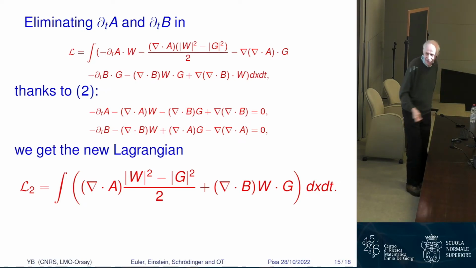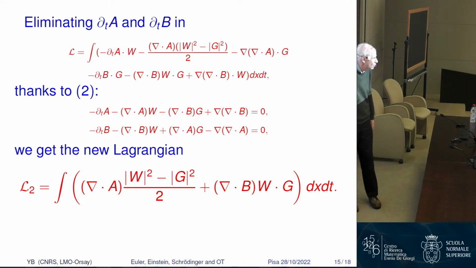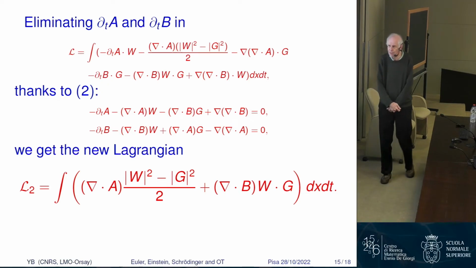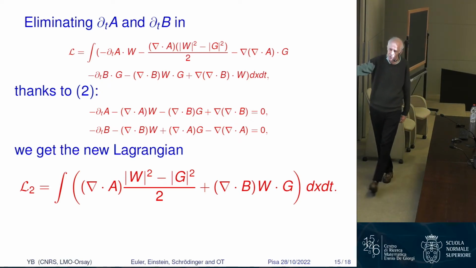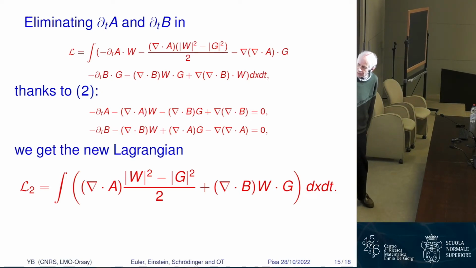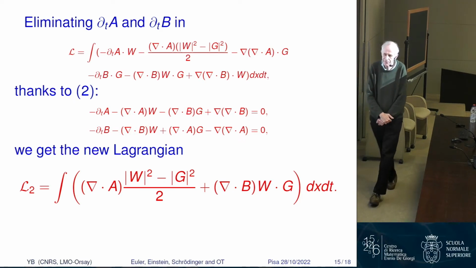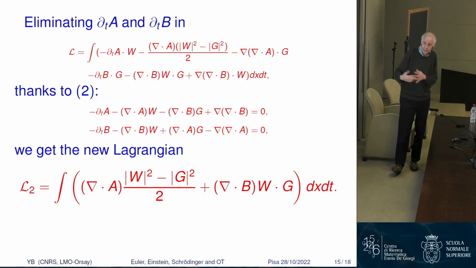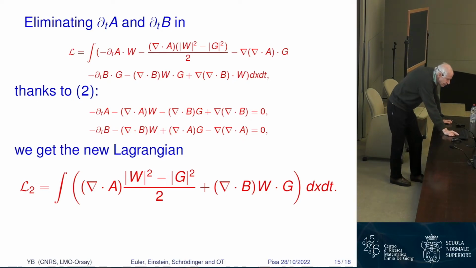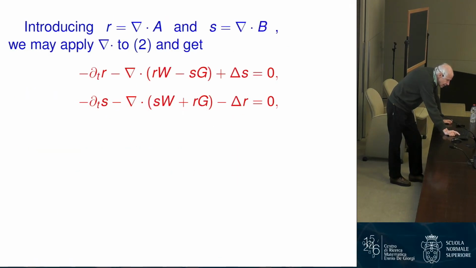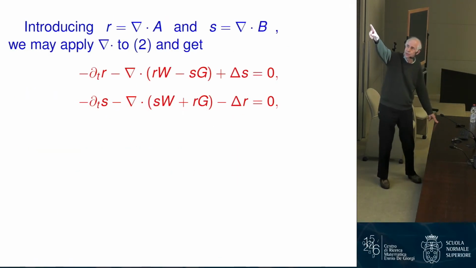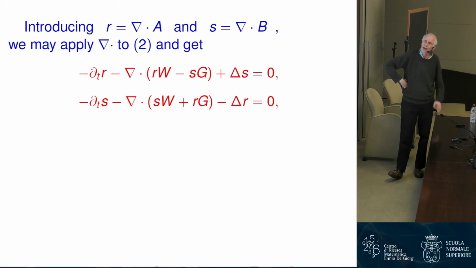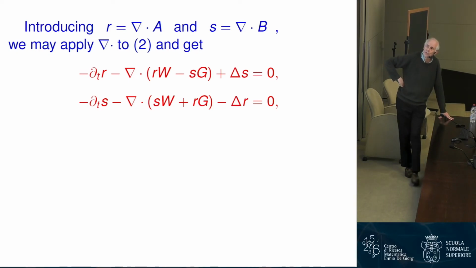So it's nice. And then I do that in a more complicated situation, the Schrödinger equation, but you already see the structure appearing, because it's now very tempting to give a name to this divergence of A, like a kind of density field. And this is what I'm going to do in the next slide. So it's very tempting to introduce, and I don't use the letter rho on purpose, so I use R instead.